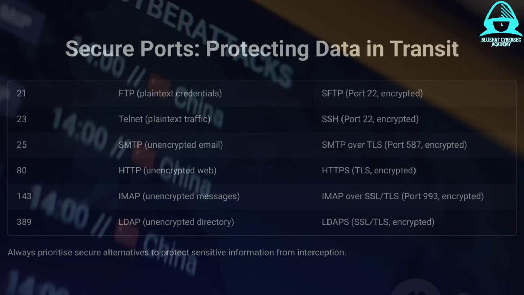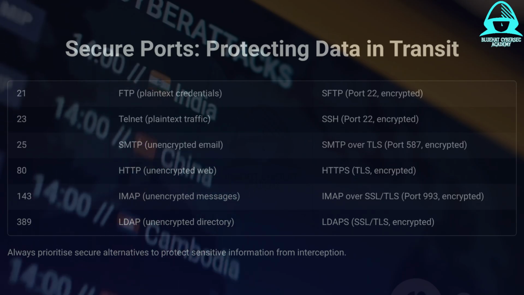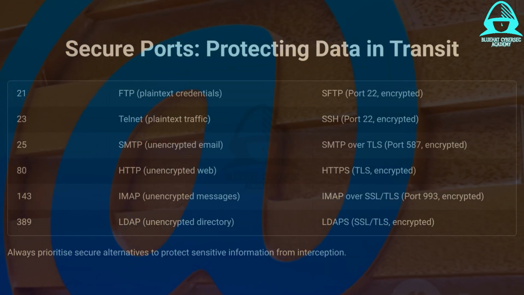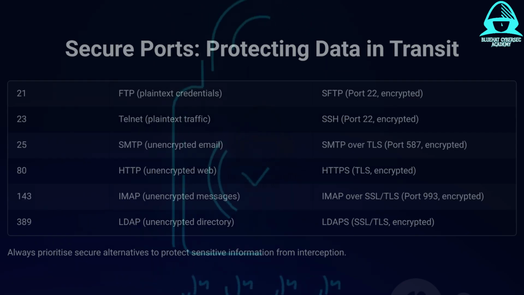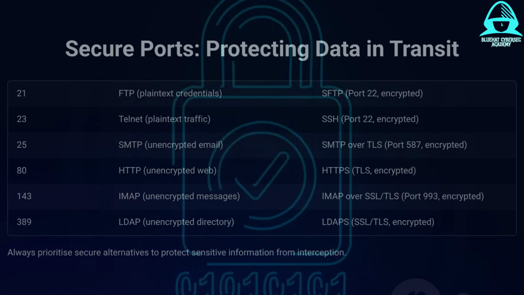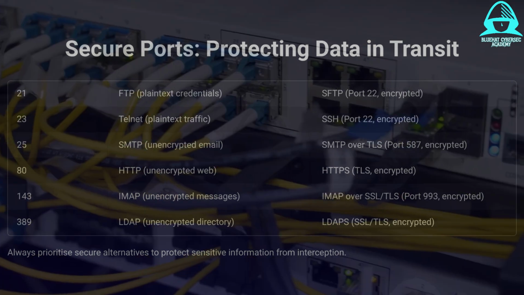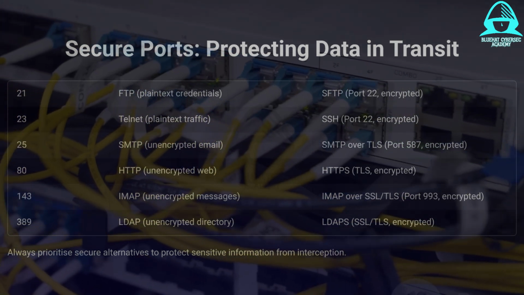Port 143, IMAP. IMAP on port 143 is unencrypted and vulnerable to sniffing. The secure alternative is IMAP over SSL or TLS on port 993, which encrypts messages between client and server. Ports 161 and 162, SNMP.